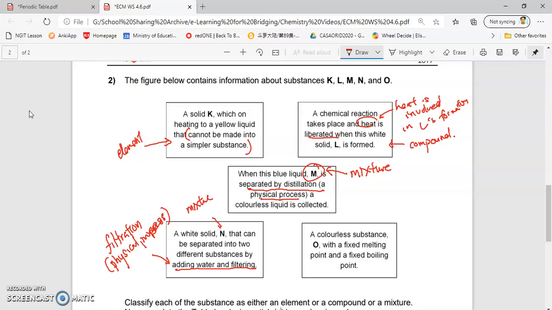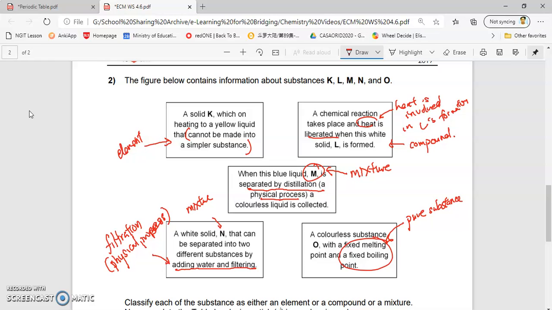Okay? Last one, colorless substance with fixed melting and boiling point. Okay, if you remember in your separation technique, the last few parts here, you realize that when it has a fixed melting and boiling point, it indicates that this must be a pure substance. Okay? By definition, an element is a pure substance.